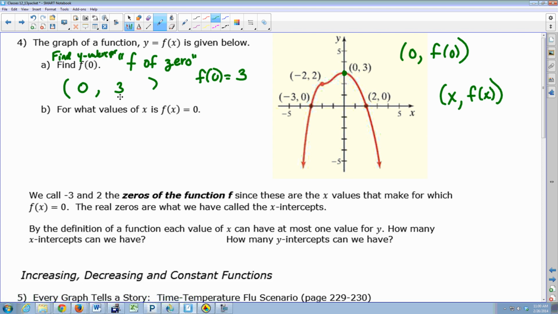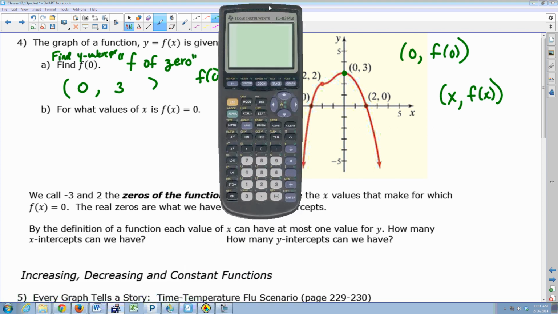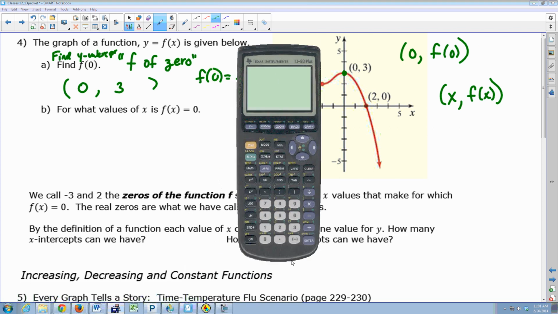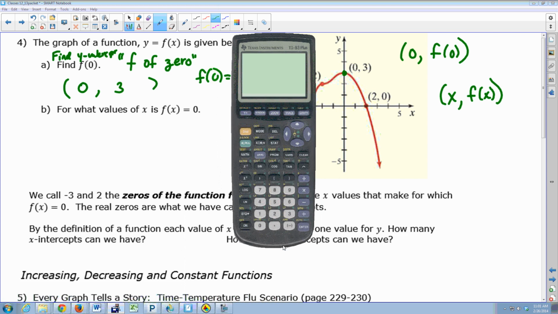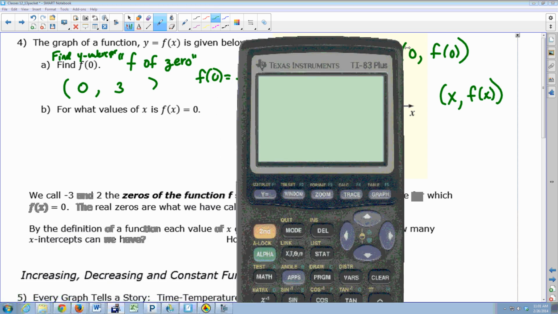And this one is asking us to find the values of x that make our function output value 0. And what are those usually called on our graph? X-intercepts. And remember when we were doing section 1.1 a long time ago, ages ago now, with all the snow days, and we were trying to find the solutions to some really funky algebraic equations.